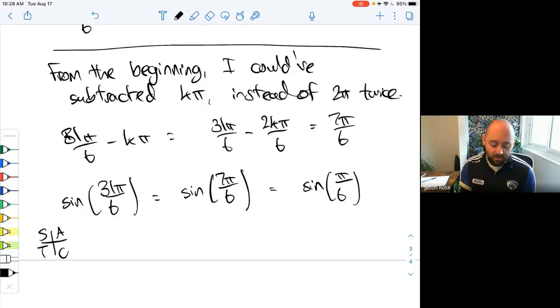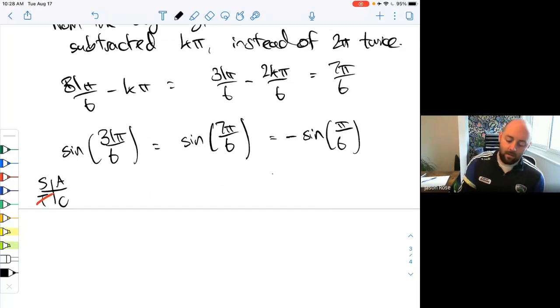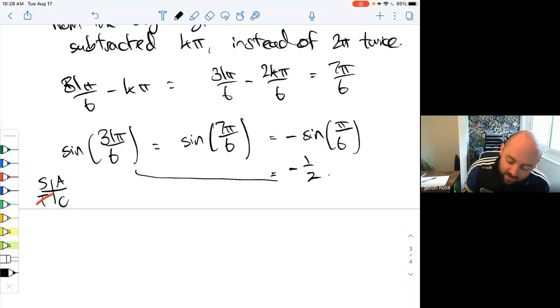Where is 7 pi over 6? That is down in this quadrant down here. Tan is the only trig function that's positive there, meaning that sine must be negative. And sine of pi over 6 is a half, so minus a half is my answer. So sine of 31 pi over 6, we've just worked out, is minus a half.